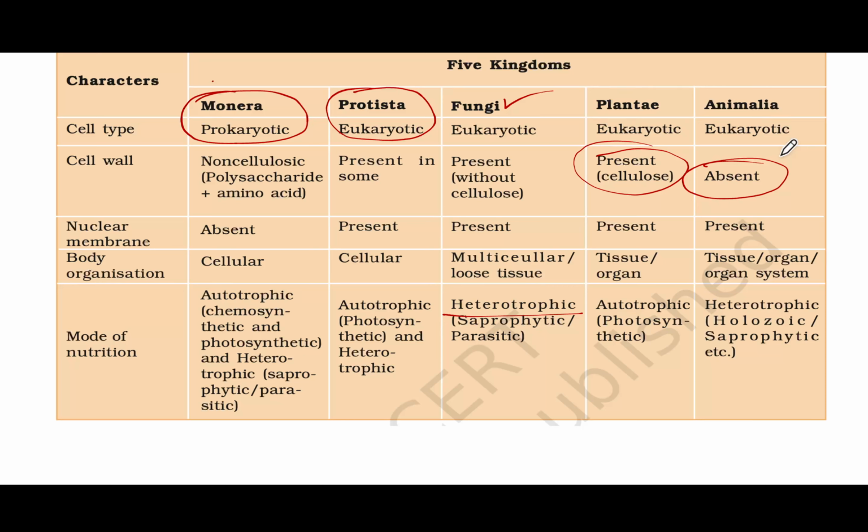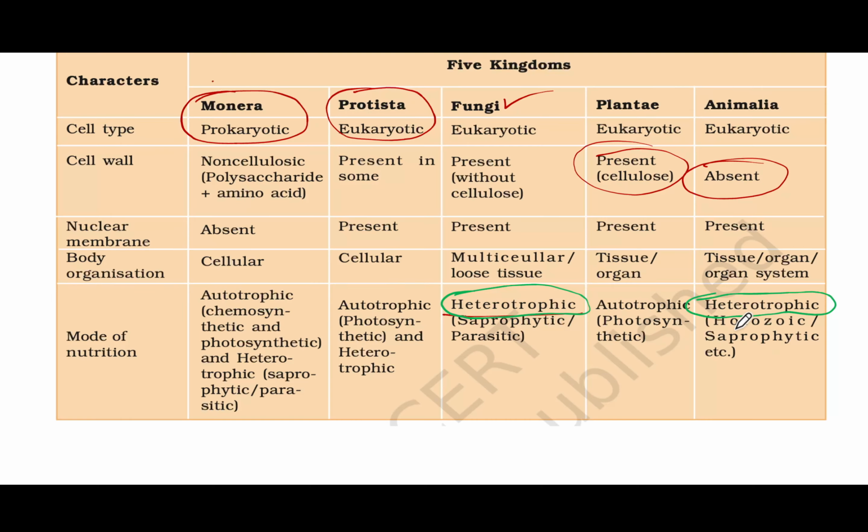If we talk about mode of nutrition, two kingdoms are very important. The first one is fungi, heterotrophic, they cannot prepare their own food. Second, animals, they cannot prepare their own food. The rest are sometimes autotrophic, sometimes heterotrophic.